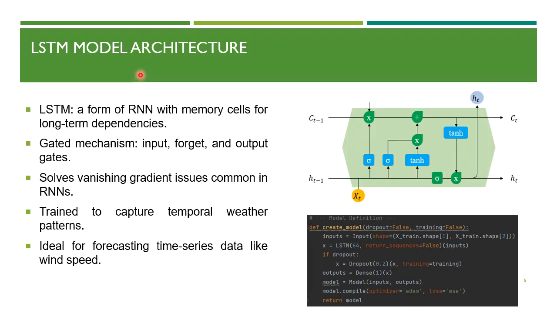Let's talk about the core model used in this project, which is the LSTM model. This is a type of recurrent neural network, otherwise called RNN, and it includes memory cells and gates: forget gate, input gate, and output gate. These gates decide what information to keep or discard across time steps.